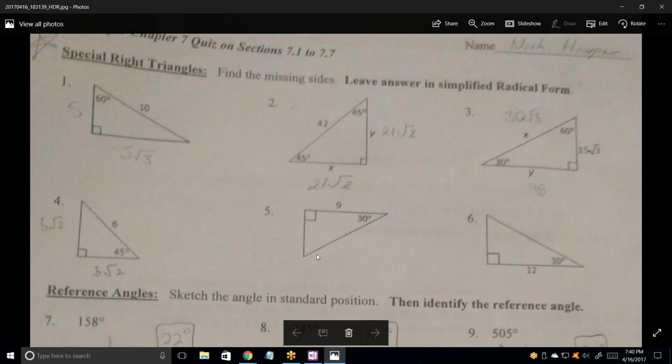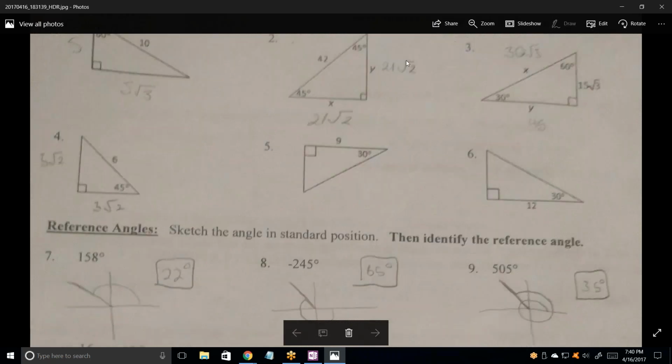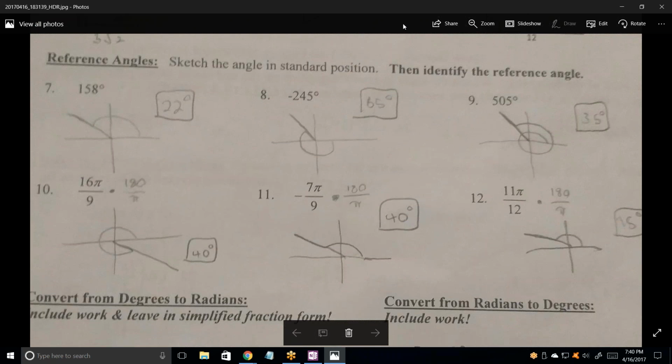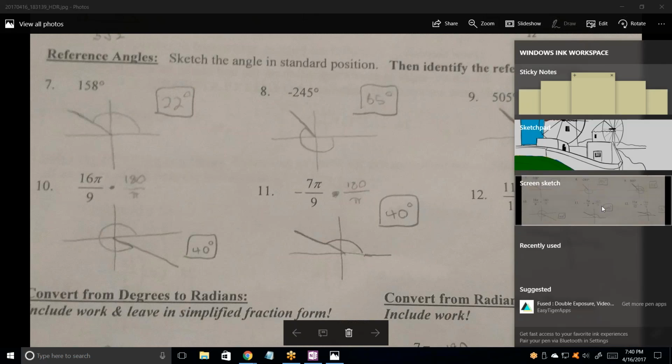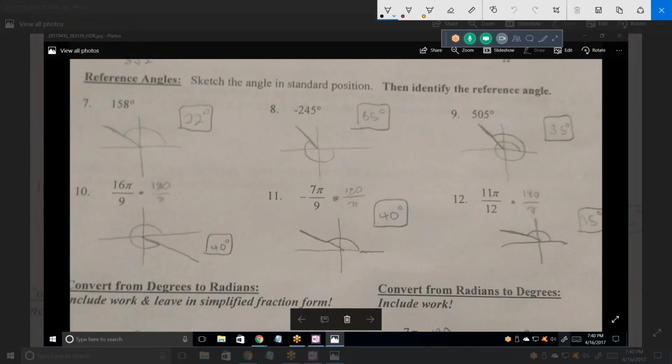All right. So we've done 5 and 6. What's this angle right there, theta? 22.